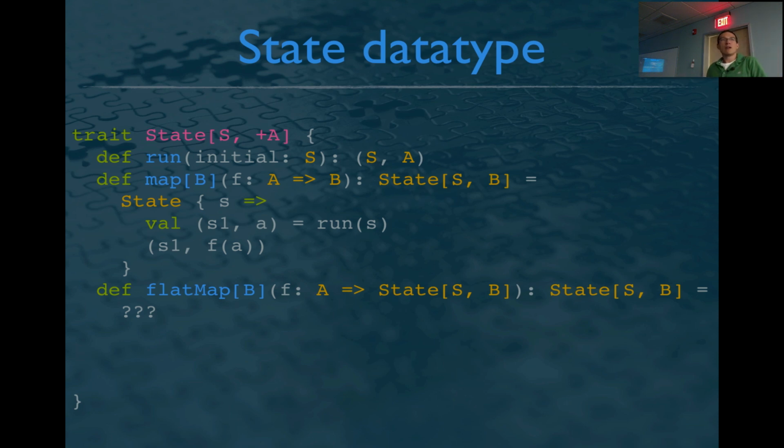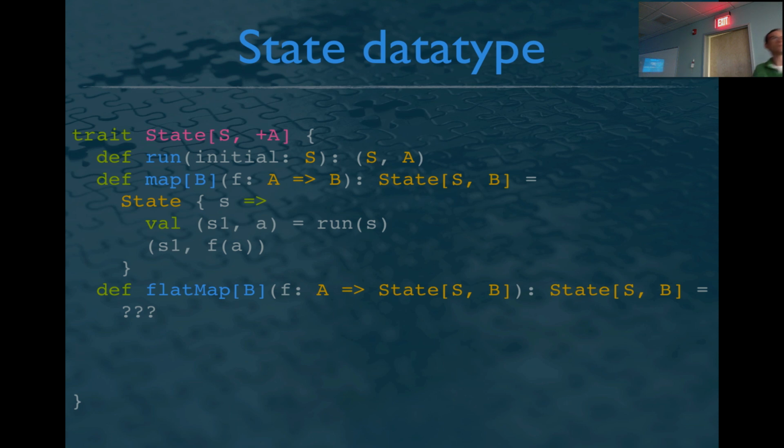If you think about it, what I described really is a function from S to an (S, B). If I say I need an initial S to run this and I don't have it, I'm just going to make it a parameter to a lambda. Now all of a sudden, my lambda expression becomes a function from S to (S, B). And if I have a lambda from S to (S, B), I can lift it into a state. That's basically what this is doing.